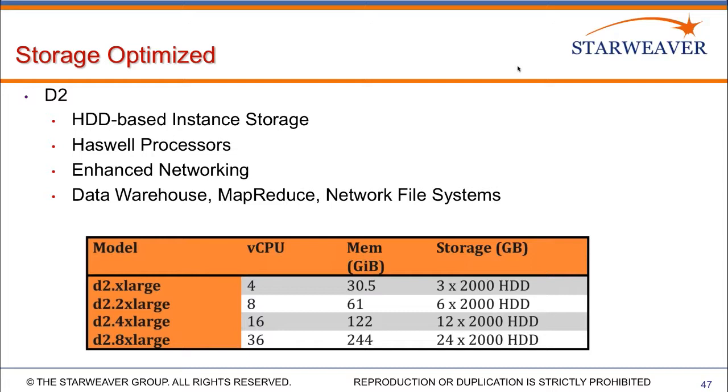And you can see on the slide how much you get for the different sizes of D2s. Again, the difference here is that you want to do more of a continual I/O instead of a random I/O. So like a data warehouse, MapReduce, right? Maybe network file systems. These are all good choices for the local instance storage, HDD-based D2 instances.